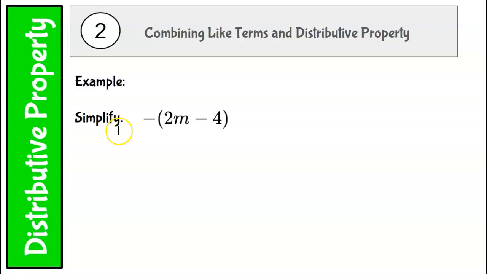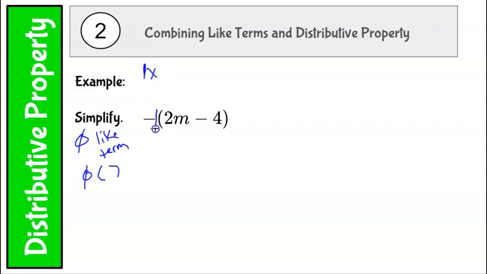It says simplify. So we know that means no like terms and no parentheses. Alert, alert, I have parentheses that I need to remove. Now, if this was a plus here, I could just simply take the parentheses away. But since it's a minus, think of it just like we said the coefficient of x is 1.